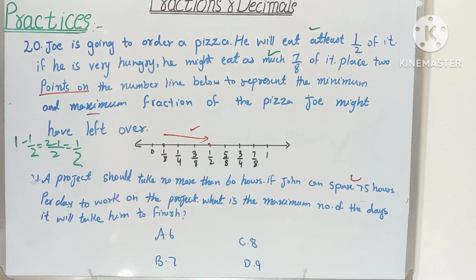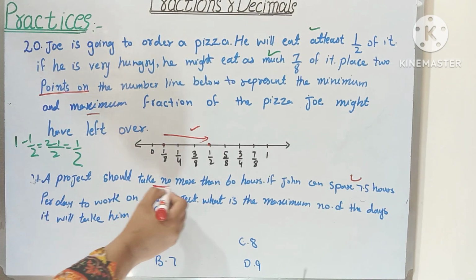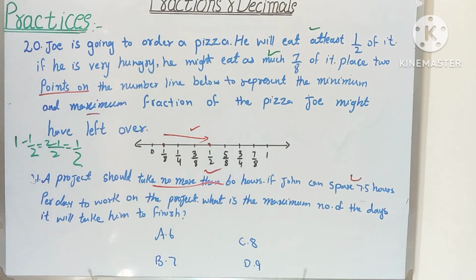To find the maximum number of days, we can divide the total maximum project hours by the hours John can work per day. Identify the given values. Maximum project hours: 60 hours. Hours John can spend per day: 7.5 hours.